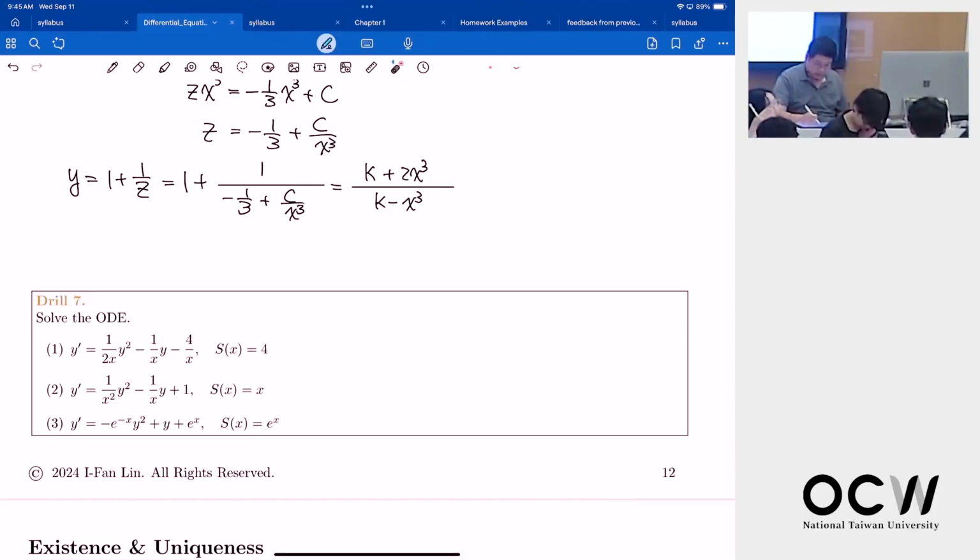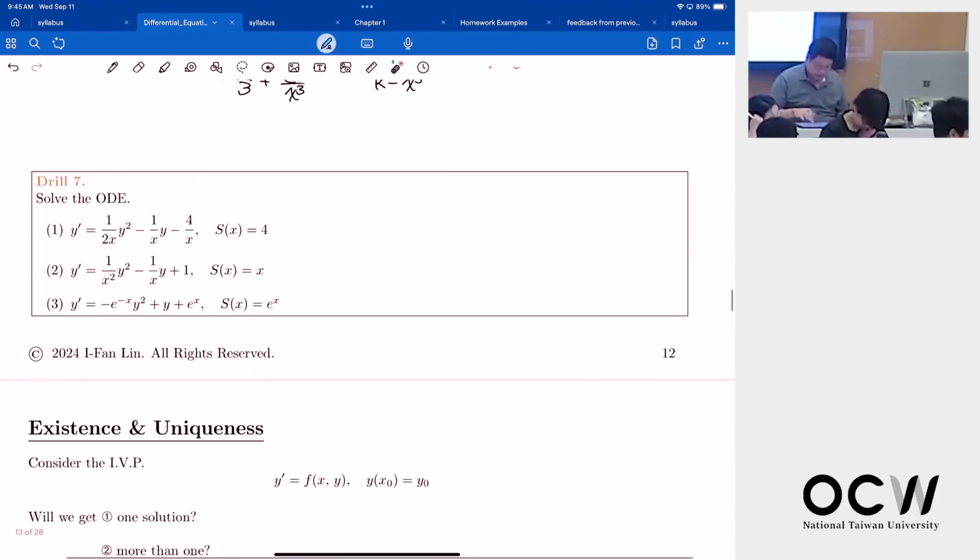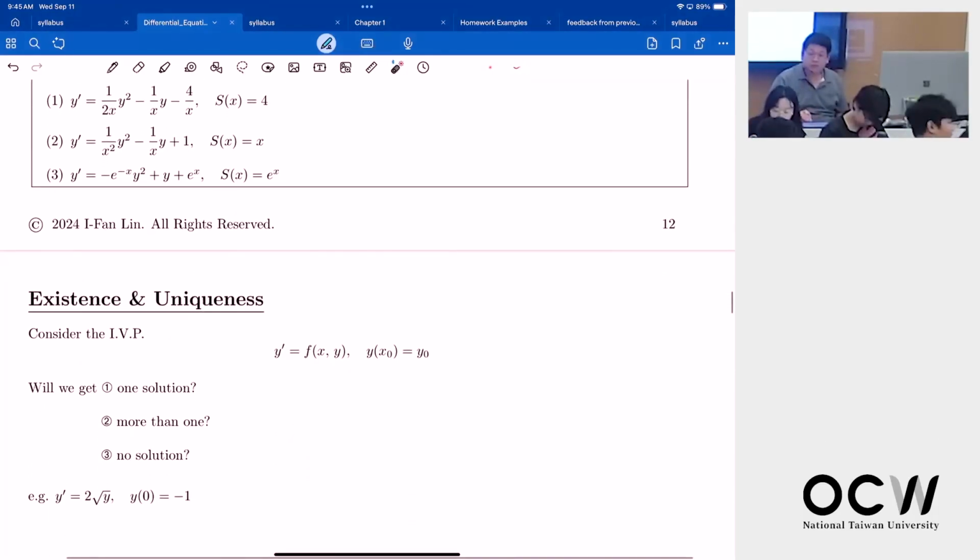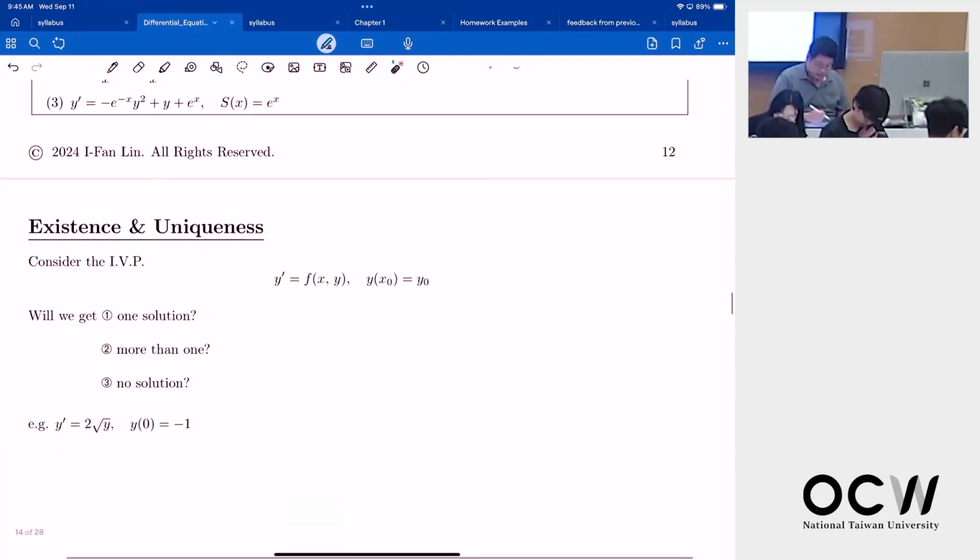Okay. Now next, today we will finish our first order differential equations. So far, we find the solutions, but don't you think that when you find a solution, is that solution just unique? Or probably there are so many solutions, you just find one of them.